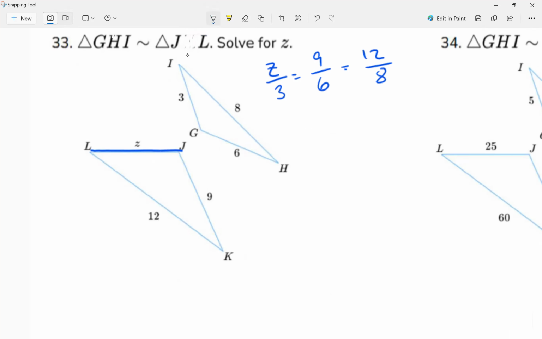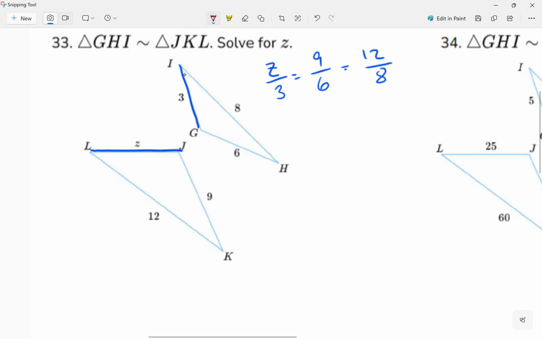Let me erase the middle letter on the other one. Like I said, I literally can erase it. In our case, we might have to use our finger or mentally erase the middle letter. And I'm going to say JL is corresponding to the side GI. You guys see it there? We can use the notation at the beginning for us to know what corresponds with what.